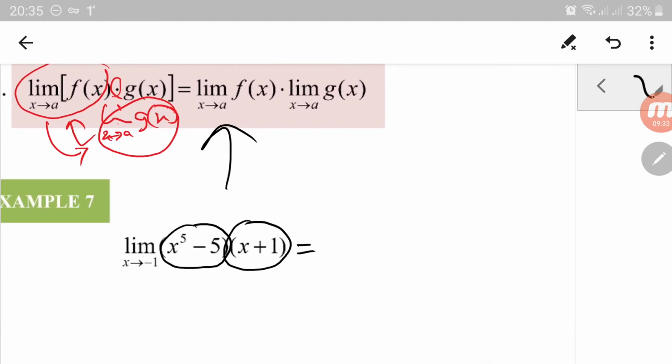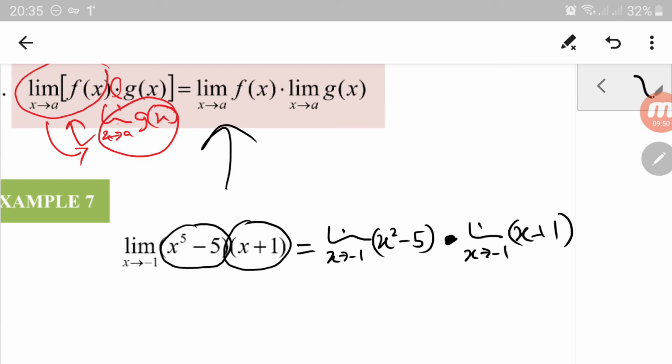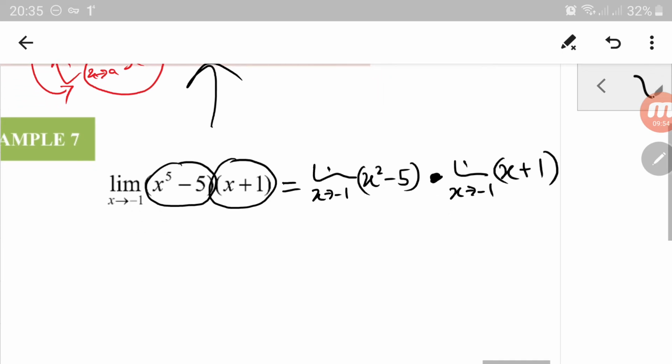By following these properties, we find the limit as x approaches minus 1 of x squared minus 5, and then we multiply by the limit of x plus 1 as x approaches minus 1. I put brackets so I don't get confused.